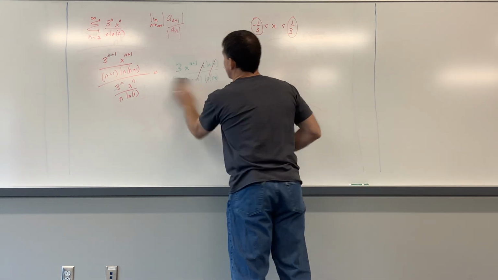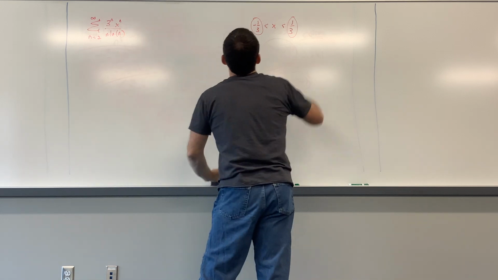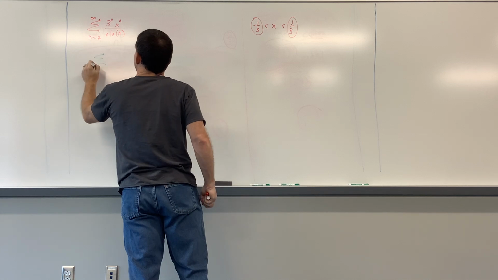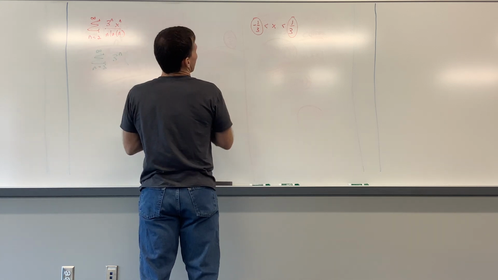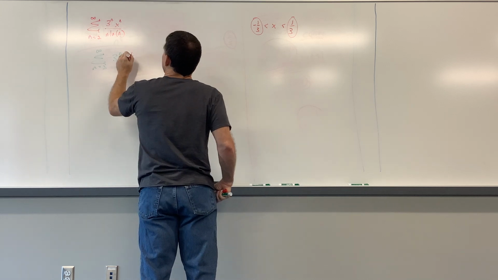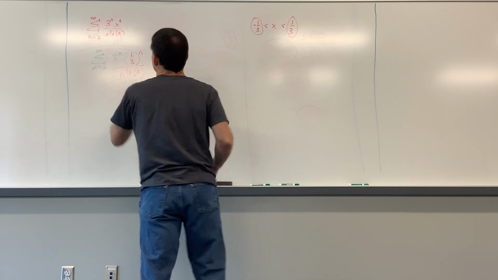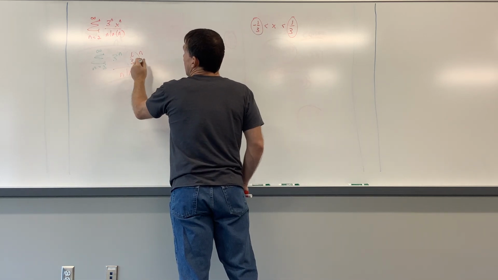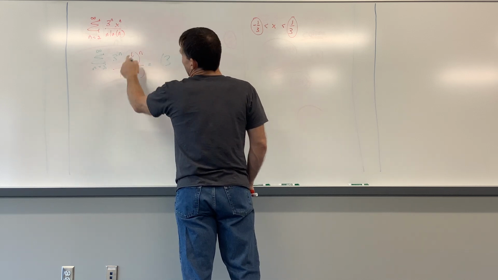So, if x is equal to 1/3, I get 1/3 to the n over n ln n. But that's 3 to the n times 1/3 to the n, which means that becomes 3 over 1/3.